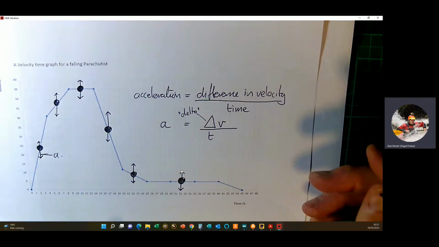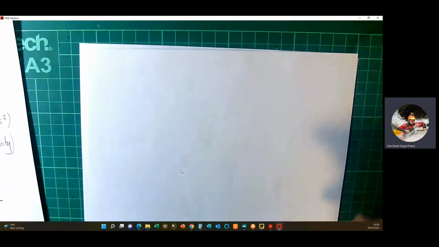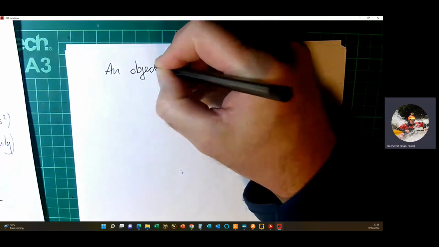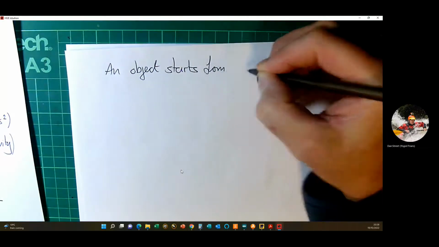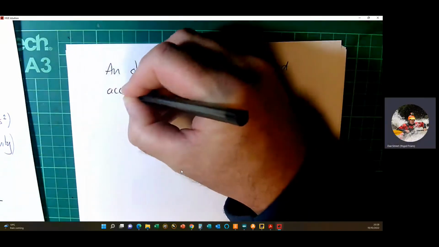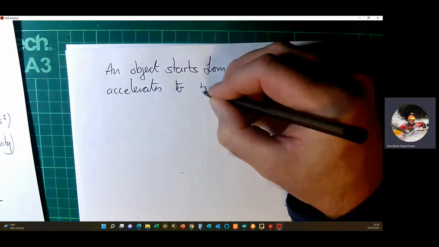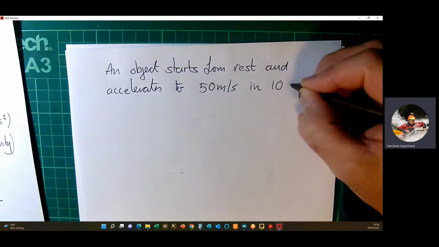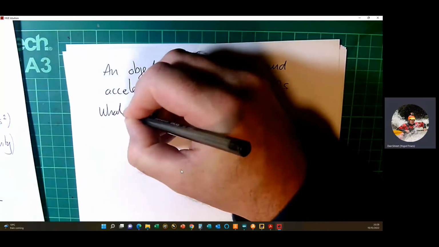Okay, so if you see phrases like an object starts from rest and accelerates to 50 meters per second in 10 seconds, and you may be asked, what is the acceleration?